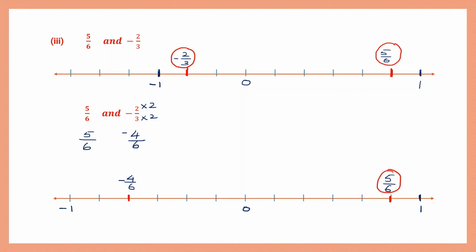And minus 4 by 6 is actually minus 2 by 3, isn't it? That's how we got minus 4 by 6 from minus 2 by 3. So we will change this to minus 2 by 3. So this will be minus 2 by 3. So let's mark this answer.